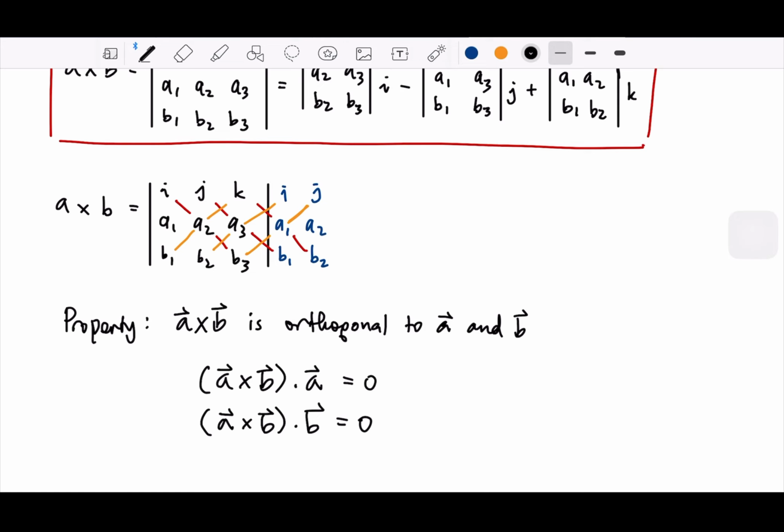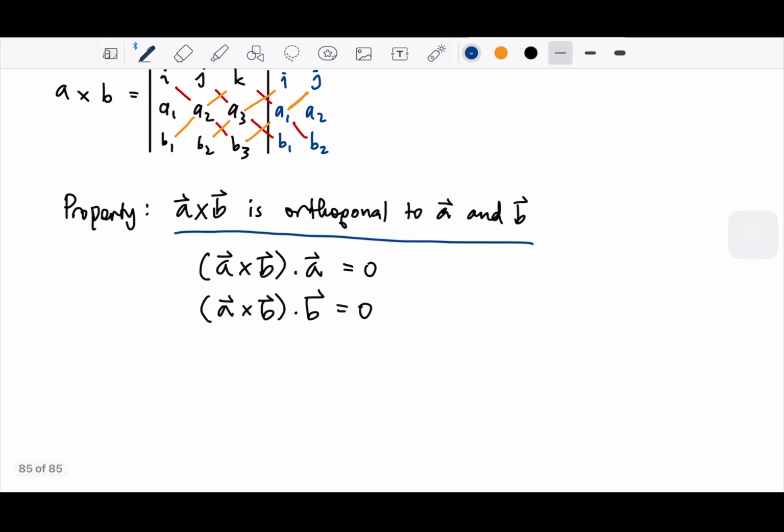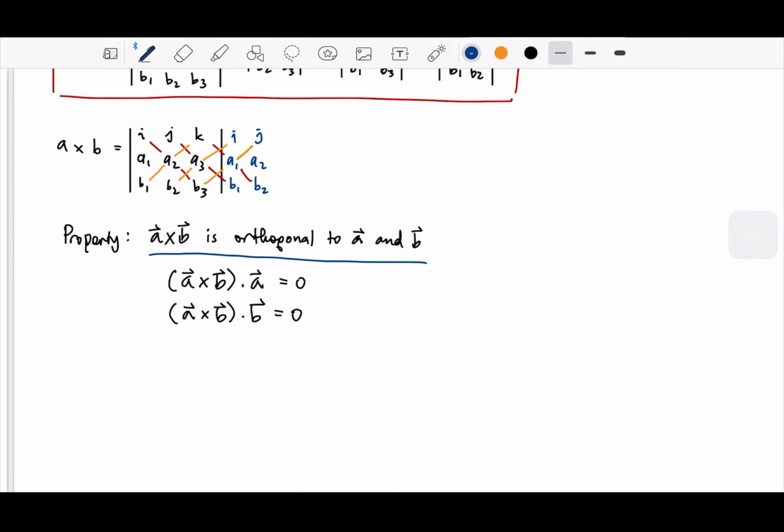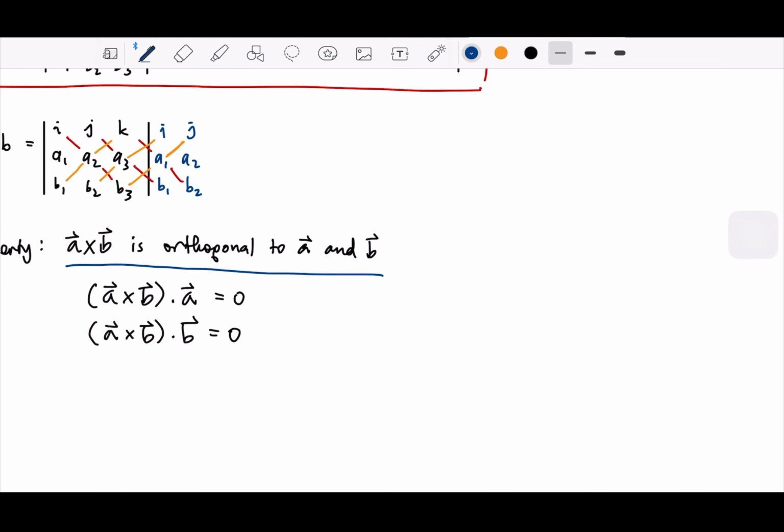And now since we know that the property for cross product is the orthogonality to both vectors, then we can set up our idea on at least the right hand rule.